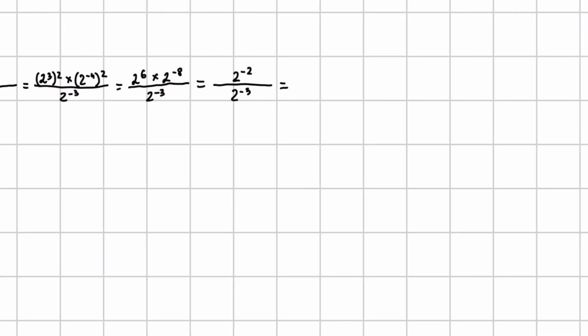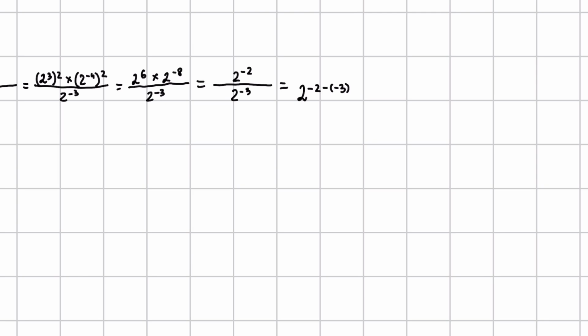And now if we have a fraction, we subtract our numbers, so we can rewrite it like this: 2 to the power of minus 2 minus, because we are subtracting, minus 3.